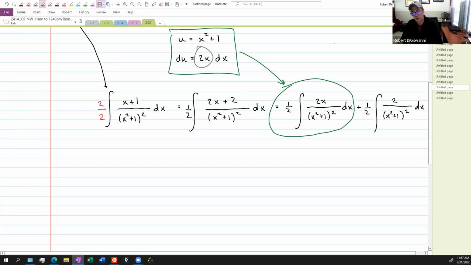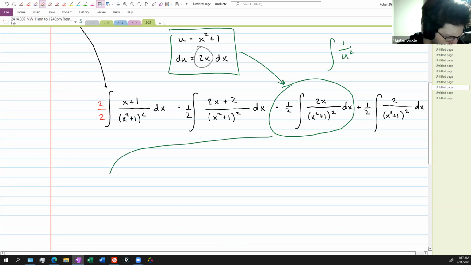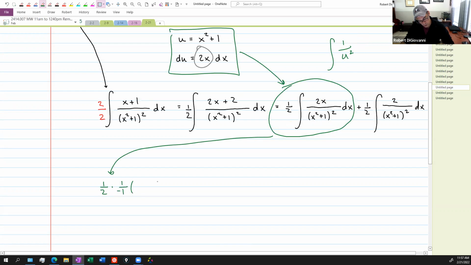So this integral really looks a lot like 1/u squared, and then we could use the power rule on that. So the 1/2 comes out, and because I'm doing the antiderivative of u to the -2, it becomes 1/(-1) u, which is x squared plus 1 to the -1.